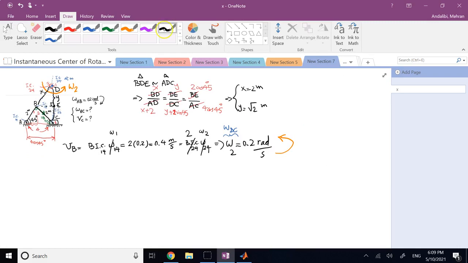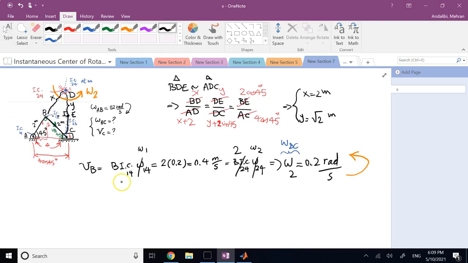Now, what about velocity of the slider? So clearly the slider here is on object 2, 3, or point C, which belongs to member 2, basically, object BC.